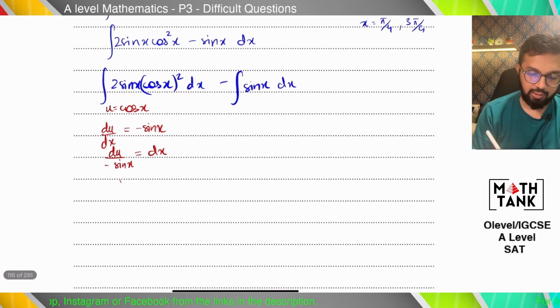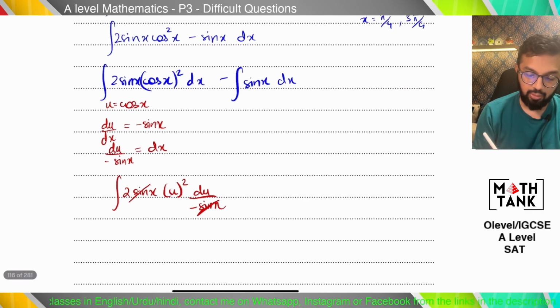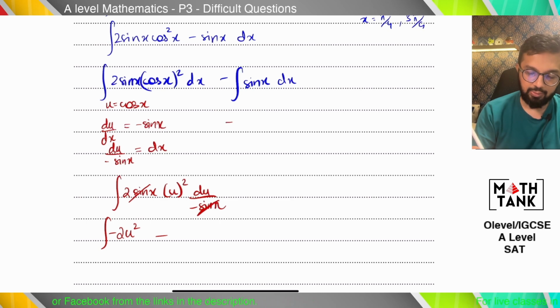So I get 2 sin x u square du over minus sin x. Only do this when you run out of options. Don't do this on the go. It's going to make things very complicated. So I have minus 2u square being integrated, and that sin x integrates to simply minus cos x.